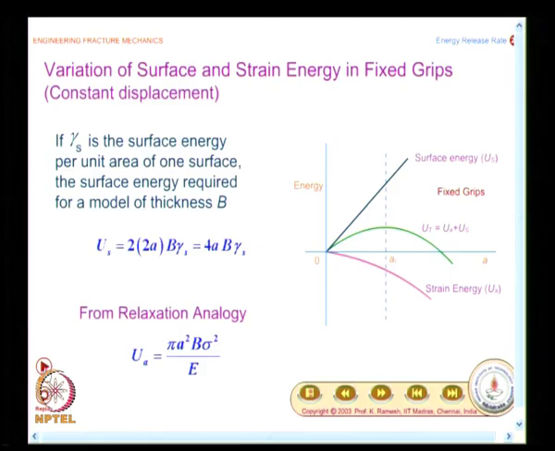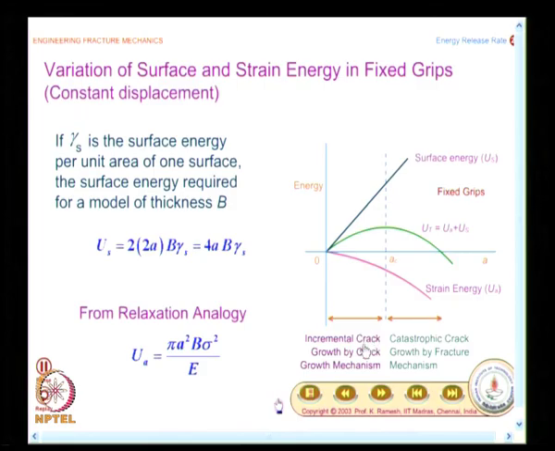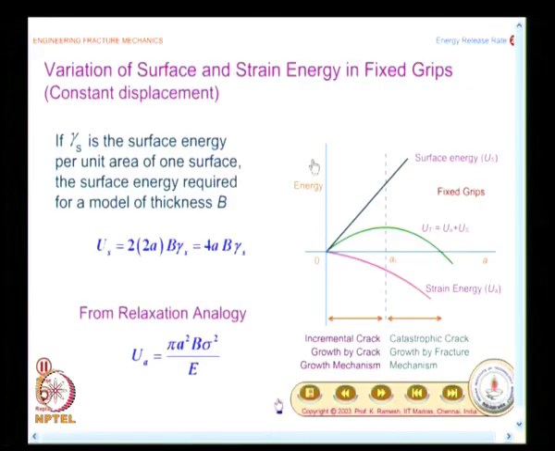So, you have a region where it is incremental crack growth by crack growth mechanism, and in this zone it is catastrophic crack growth by fracture mechanism. This is given pictorially, we would like to have this quantitatively. So, we will look at it from a mathematical standpoint, but I would like you to make a neat sketch of this diagram. This is very illustrative of what is really happening.